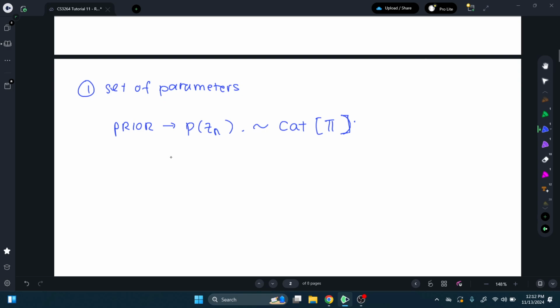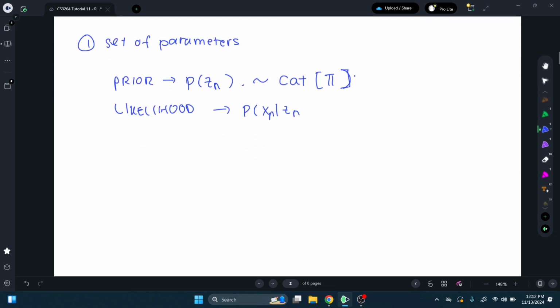Then the next thing we want to set is to determine the likelihood function, which is your p of x given z and the parameters. So which likelihood function do we follow for this one?